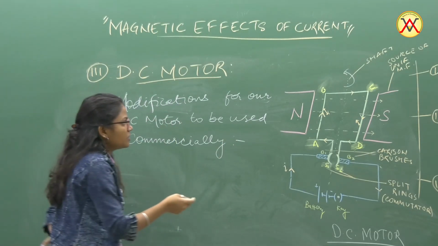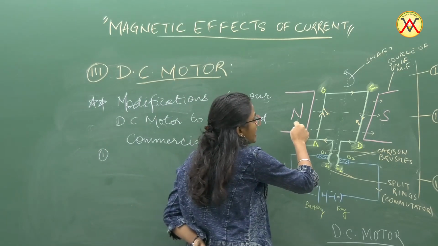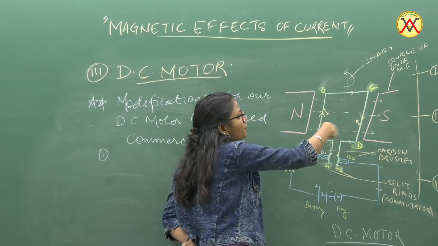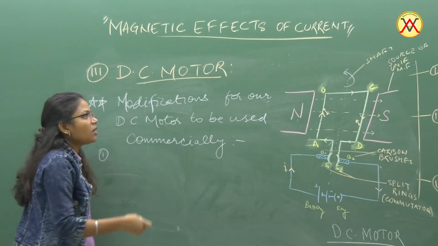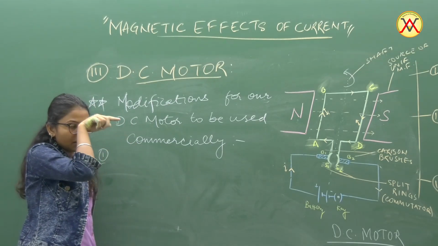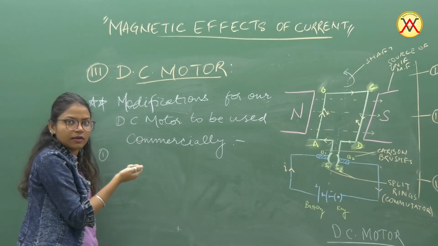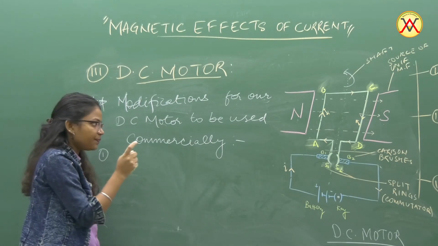First modification is to use an electromagnet instead of our permanent magnet, because with time a permanent magnet could lose its magnetic effect or could lose its magnetism.